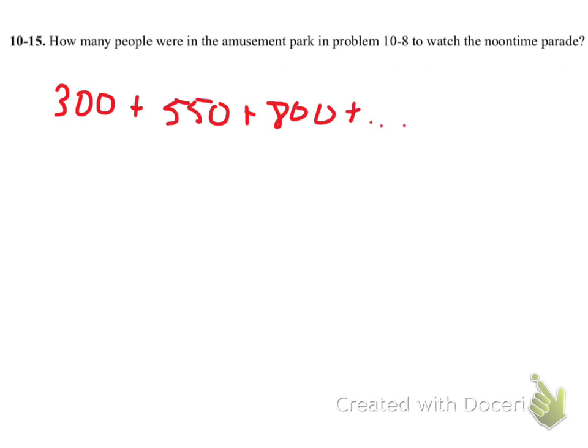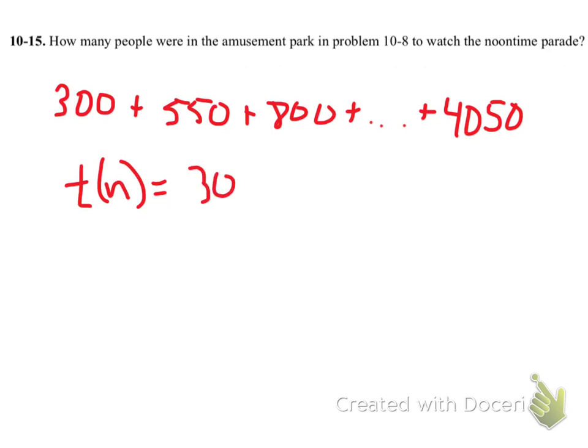And then also in problem 8, we figured out that at noon, between 11:45 and noon, the last group that came in was 4,050. So that many people. The equation for this was T of n equals 300 as my first term plus 250 as my common difference, times n minus 1.